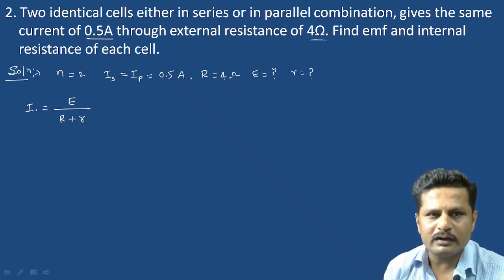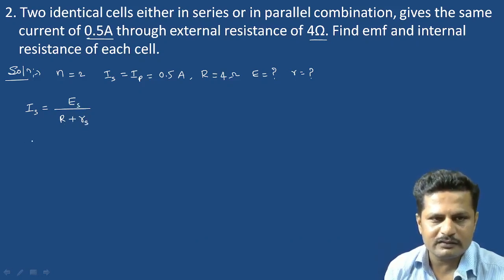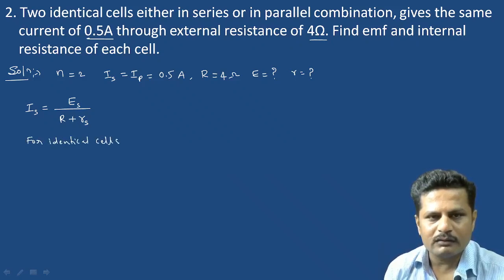If the cells are connected in series, then I_S is equal to E_S divided by R plus R_S. Now for identical cells connected in series, we will have E_S equals nE and the effective internal resistance R_S equals nr.